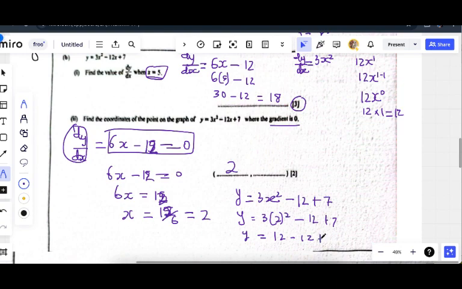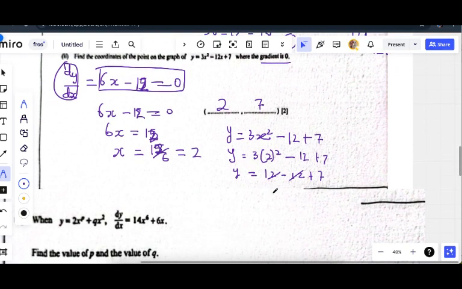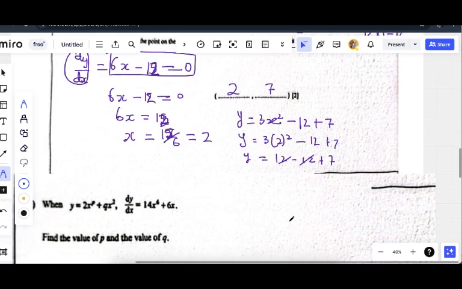Because this 12 cancels this 12. So the y value equal to 7. So this is the coordinate of that point. So we get our coordinate point, as cheap as it could.